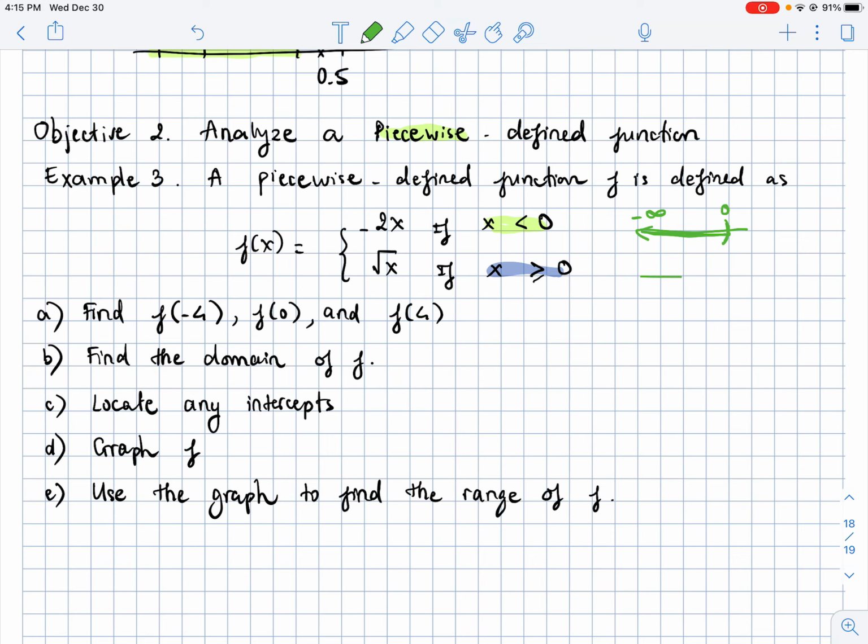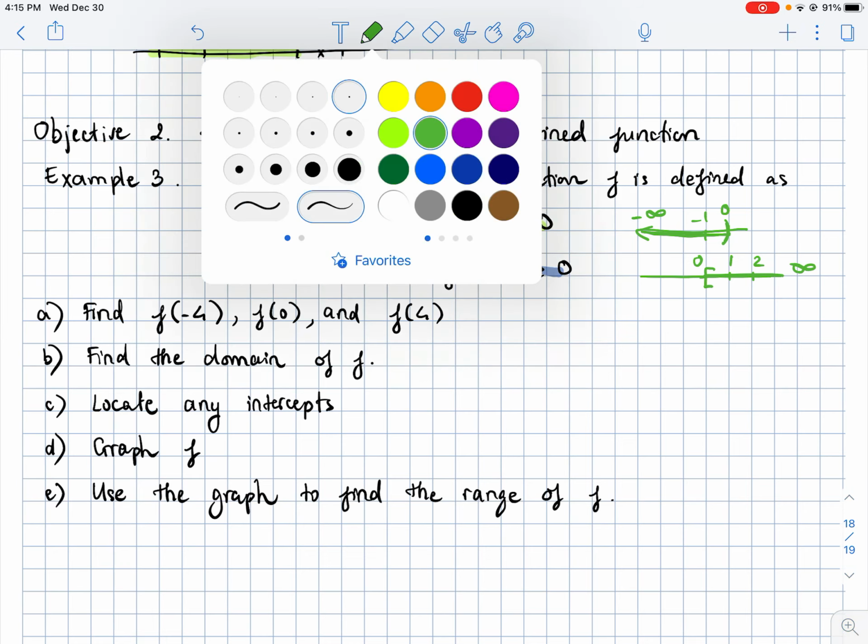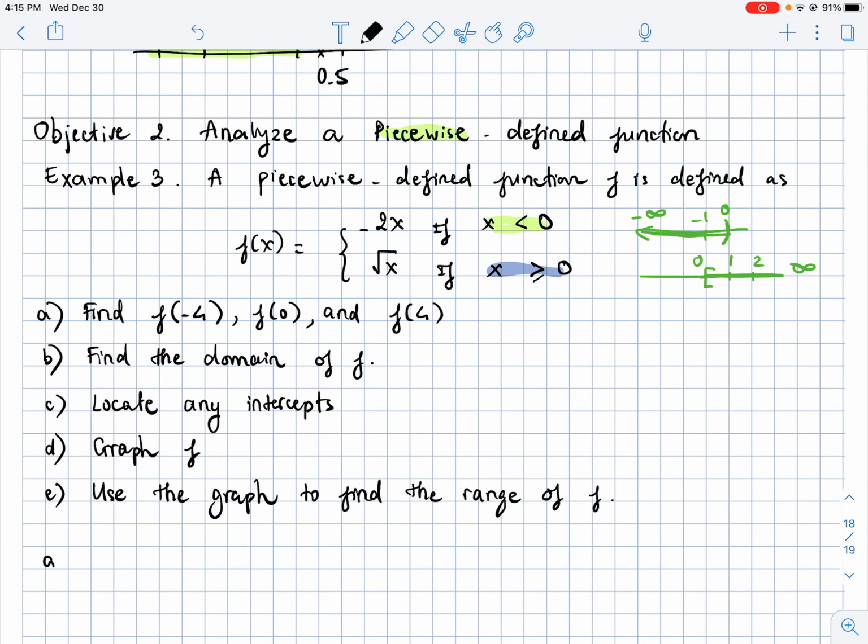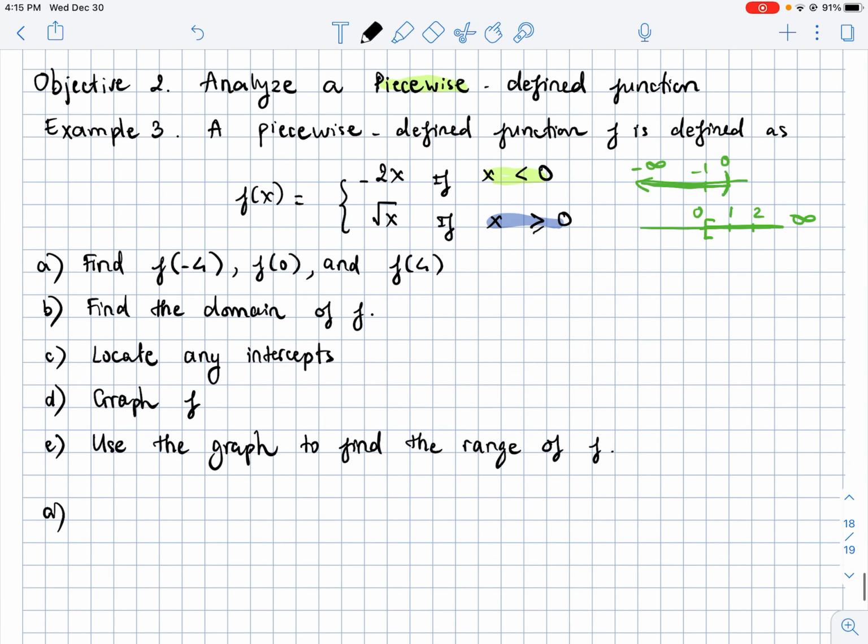And for the second one, x greater than or equal to 0, that means starting from 0 and going to positive infinity, like 1, 2, 3. And for the first one, it is like 0, negative 1, negative 2, negative 3, and so on.